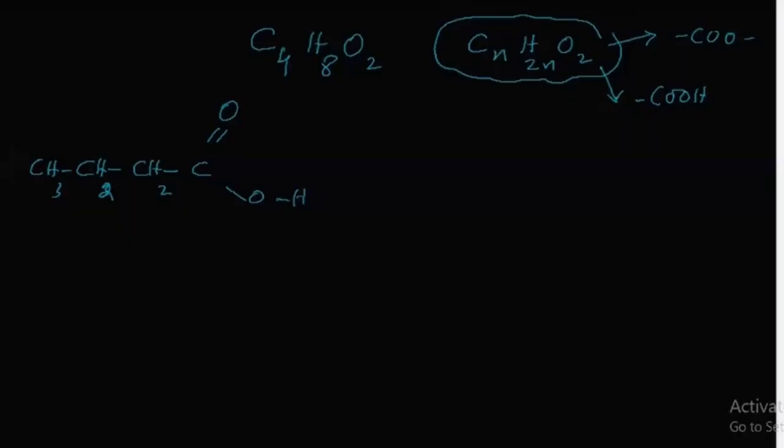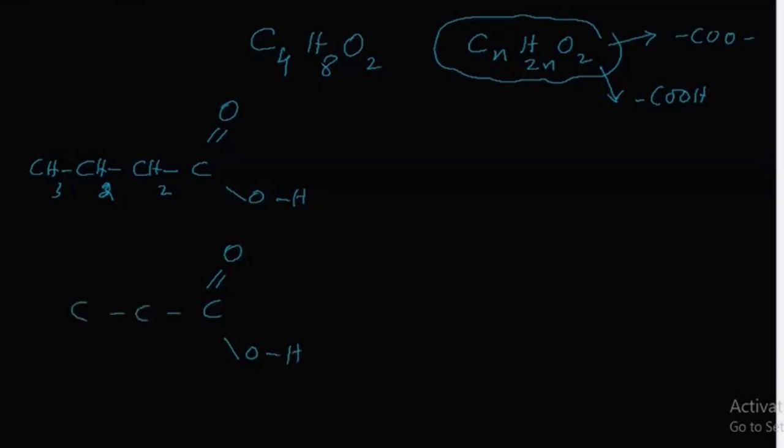If you want to draw another structure of this carboxylic acid with C4H8O2, keep this area the same, because you can't attach more carbon to this area. There are four carbon atoms, so you can make a branch.